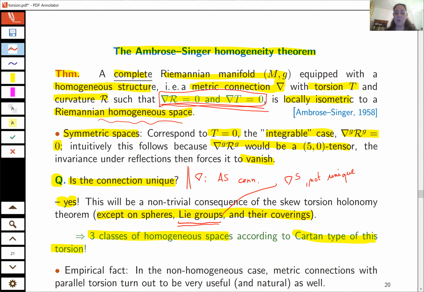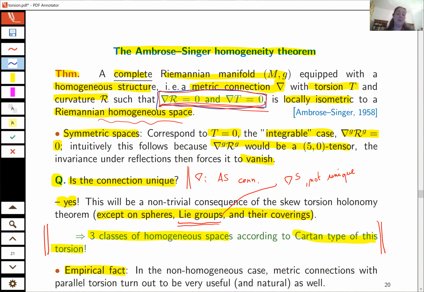So one answer why connections with torsion are important and interesting is they give us a natural classification scheme for homogeneous spaces. As a matter of fact, again, examples to follow later, it turns out that if you look at these two equations, even for a non-Riemannian and non-homogeneous manifold, you have basically two equations.